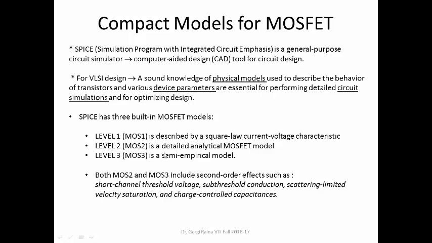Level 2 is a detailed analytical MOSFET model, and level 3 is a semi-empirical model. Both MOS2 and MOS3 include second order effects like short channel threshold voltage, subthreshold conduction, scattering limited velocity saturation, and charge controlled capacitances.